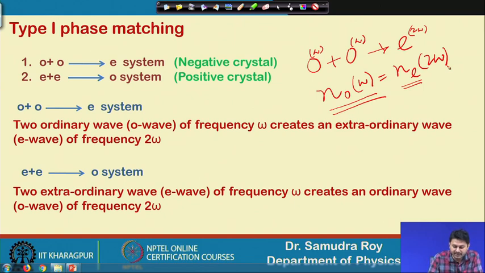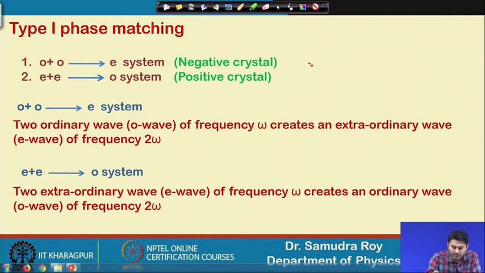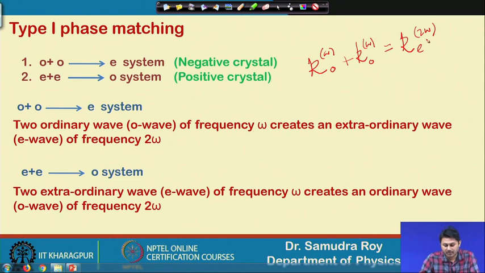Let me write it in terms of k, I think that will be easier to understand. k of the ordinary wave with frequency omega plus k of the ordinary wave with frequency omega can generate k of the extraordinary wave with frequency 2 omega.